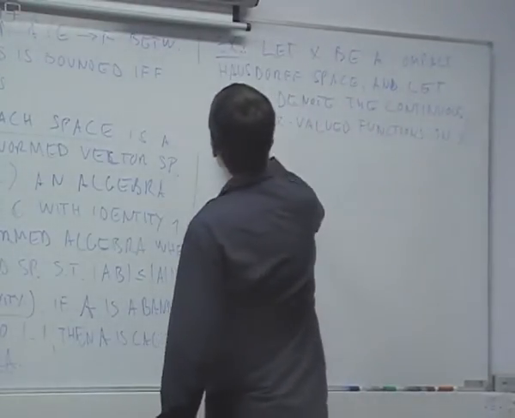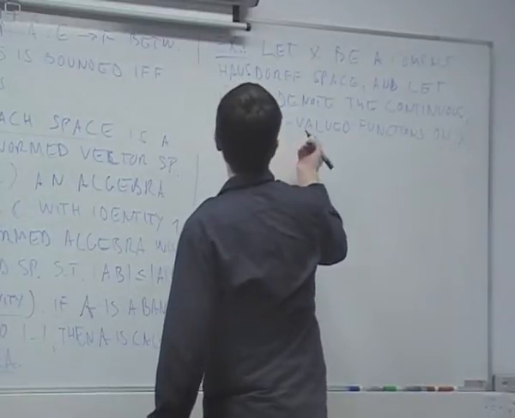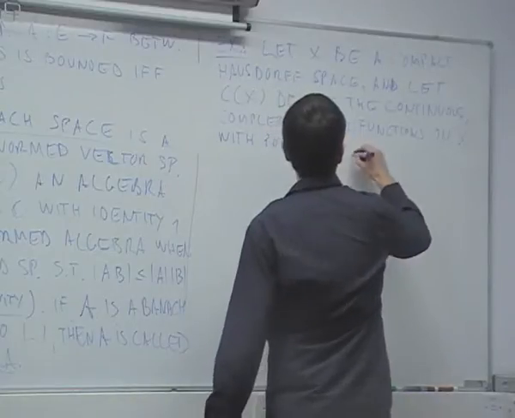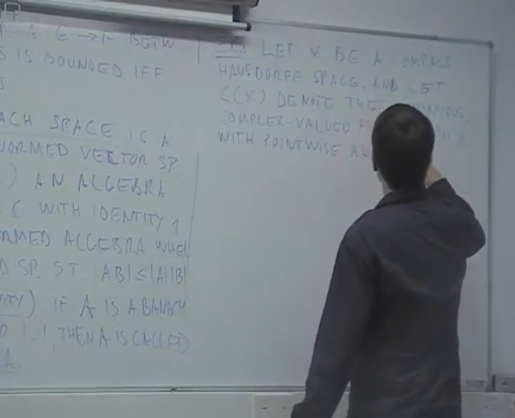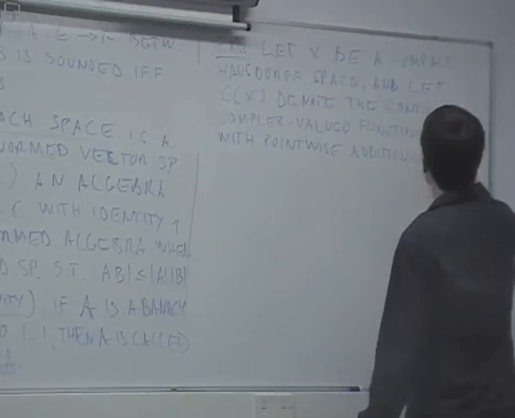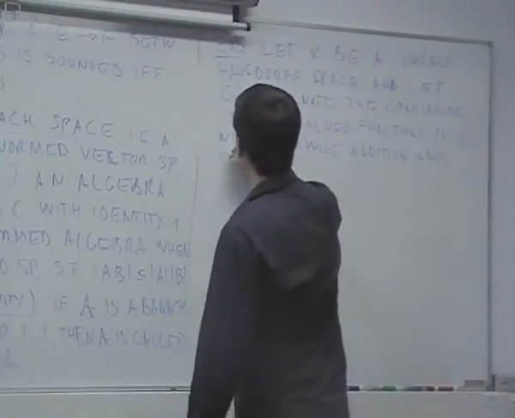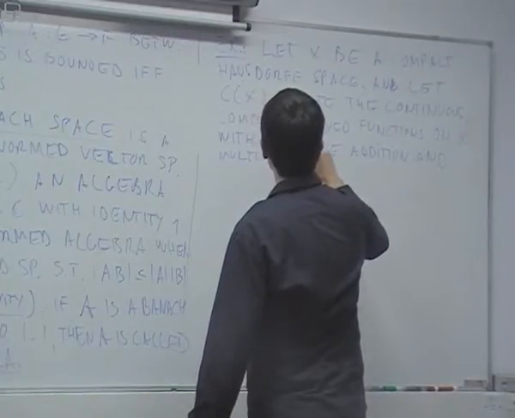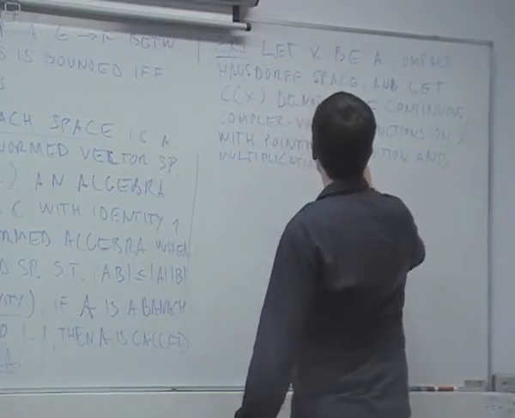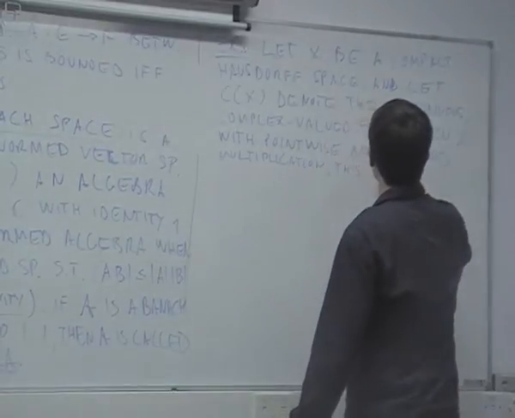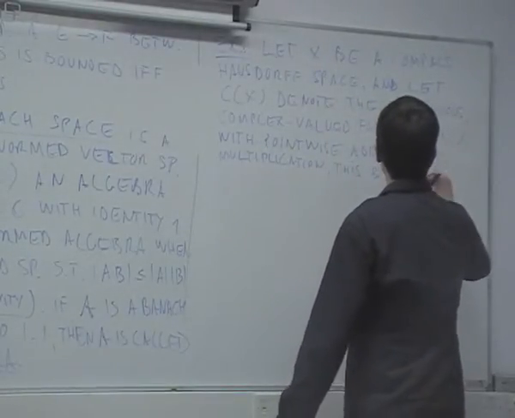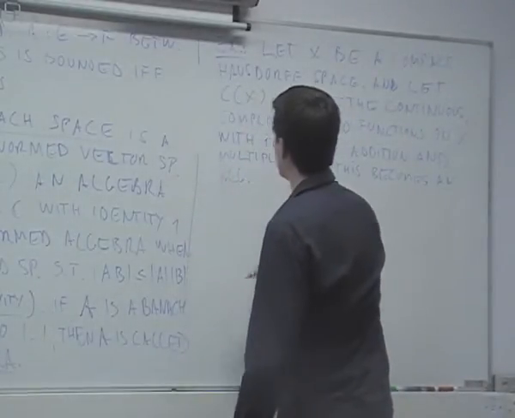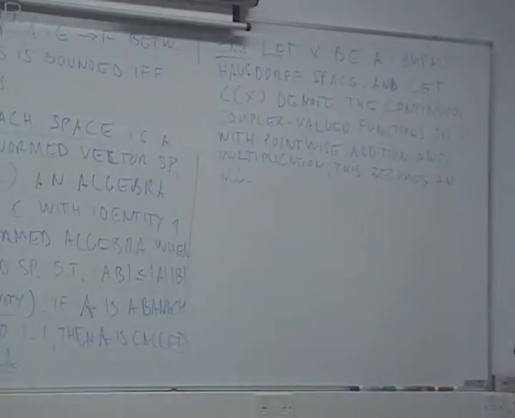Okay. So with which algebraic operations? Well, the obvious ones: you take pointwise addition and multiplication. This becomes an algebra. So the question is, can we also give it a norm such that it becomes a Banach algebra?